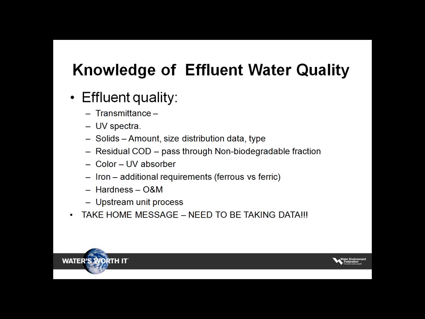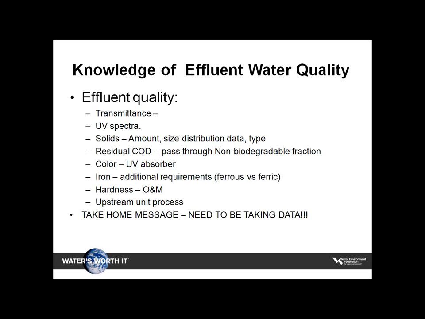I'll put on here residual COD, or you could look at that as residual BOD, but that's the non-biodegradable fraction that is not removed through the treatment process. Oftentimes, this material might have a UV absorbing component, so we can have non-biodegradable UV absorbing material.